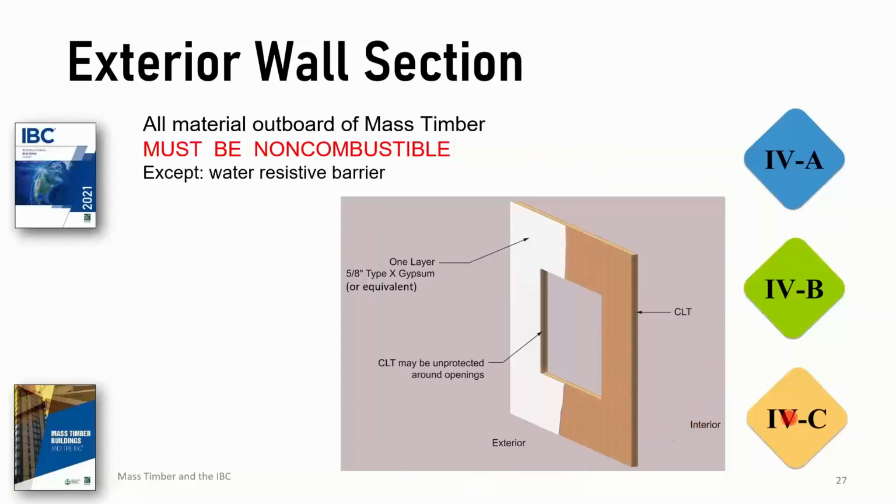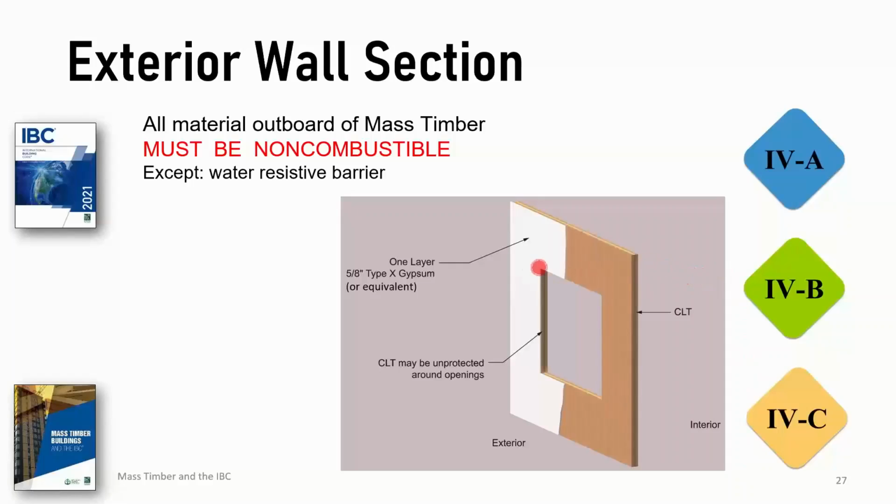So first of all, for all three construction types, even type 4C, there can be no combustible materials on the exterior side of the exterior wall. No combustible insulation, no combustible siding, no combustible cladding on the exterior side of a mass timber exterior wall that is required to be one of these construction types based on the building size and so forth.